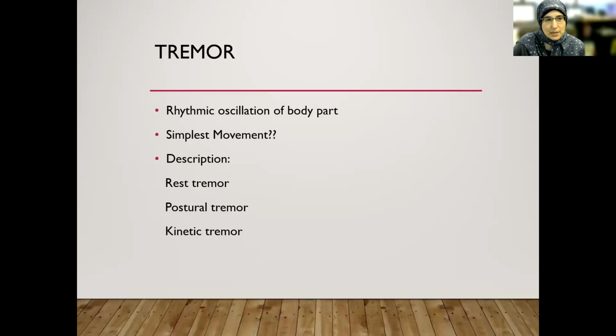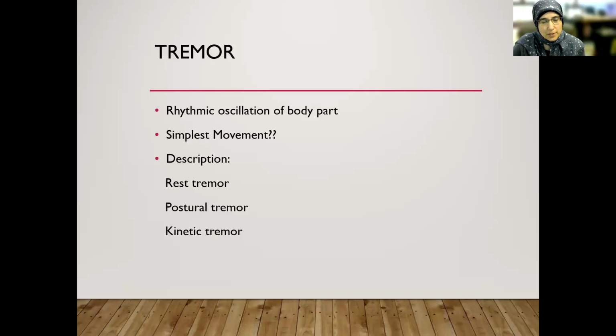The way it is described is the way it appears. So we can say that an individual may have rest tremor. Rest tremor, as the name depicts, is a shaking phenomenon that happens in the hands or any other body part at rest, when an individual is completely still and there's no movement or even the effect of gravity exerting on the body part. On the other hand, there could be other kinds of tremor if somebody is maintaining a posture.